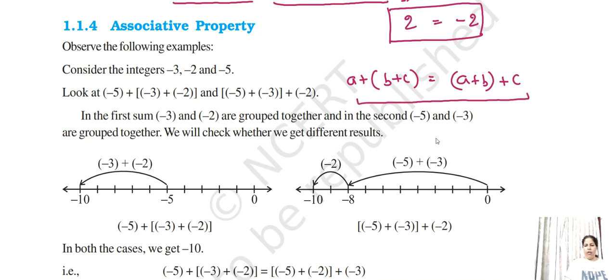If we have three different integers like minus 3, minus 2 and minus 5, then we will place these numbers in this property: minus 3 plus b plus c, meaning minus 2 plus minus 5, equal to a plus b, meaning minus 3 minus 2, plus c, meaning minus 5.